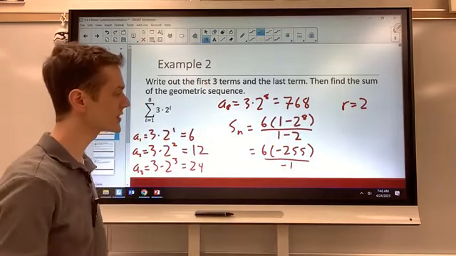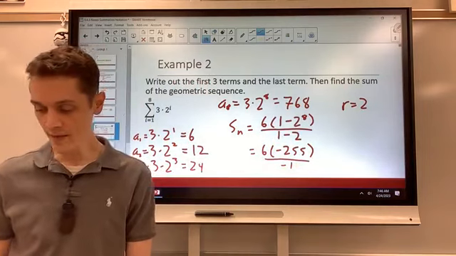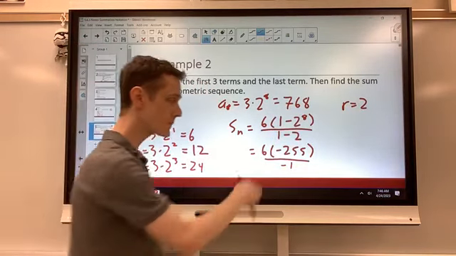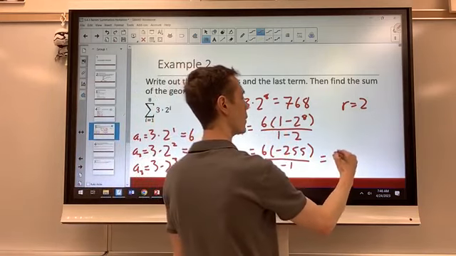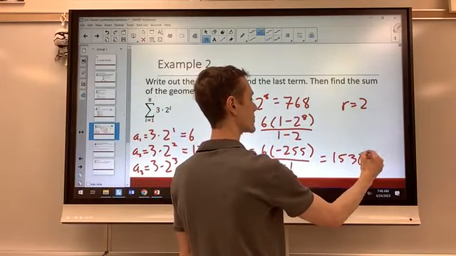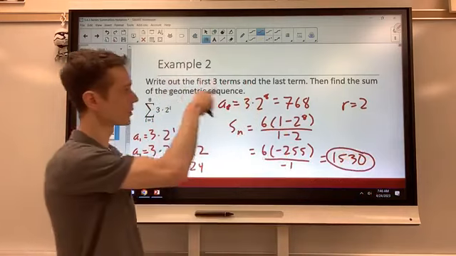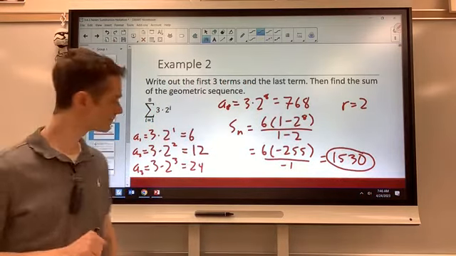And then when we multiply 6 times negative 255, that's going to give me 1,530. But dividing by the negative number is going to flip it to give me a positive 1,530. So that would be my sum for this summation notation.